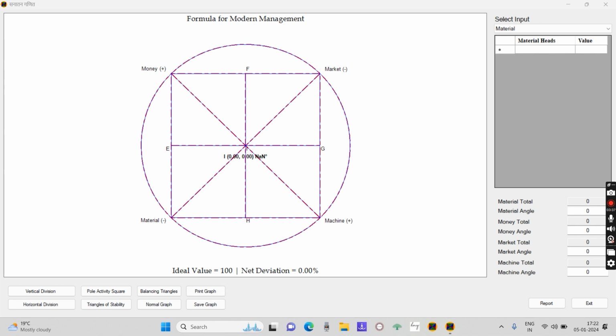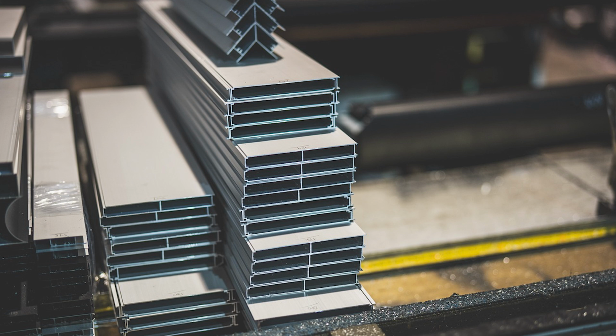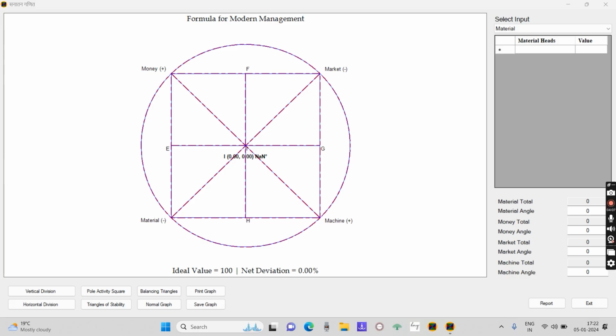I have used material, because material is the first thing which we require to convert into a value added product. For value addition, I require the raw material, and for that purpose, I need machine.